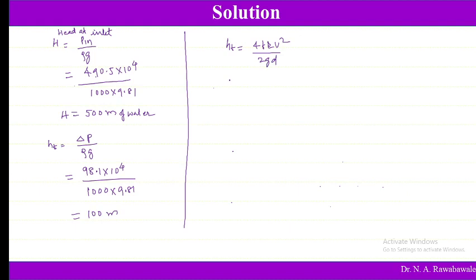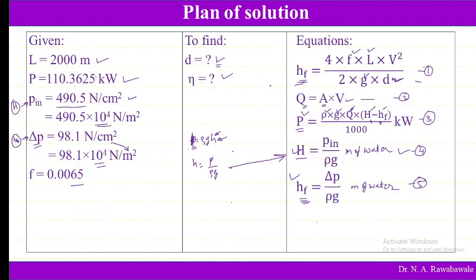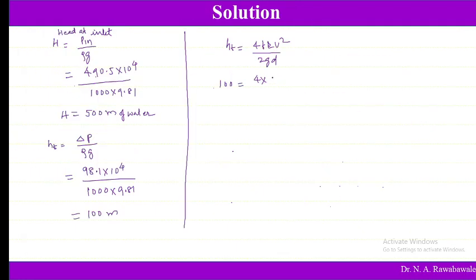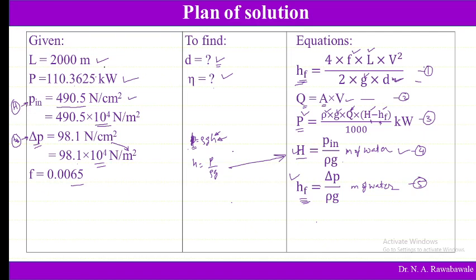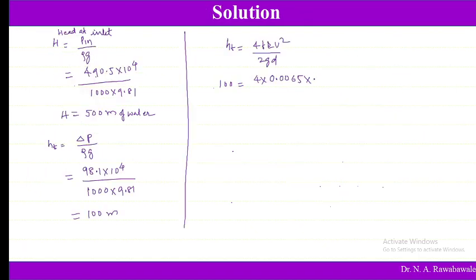So HF is given in meters, that is 100. 100 is equal to 4 into f, the coefficient of friction, which is given as 0.0065, into the length of pipe, which is given here as 2000 meters, into v square divided by 2 into 9.81 into diameter d.